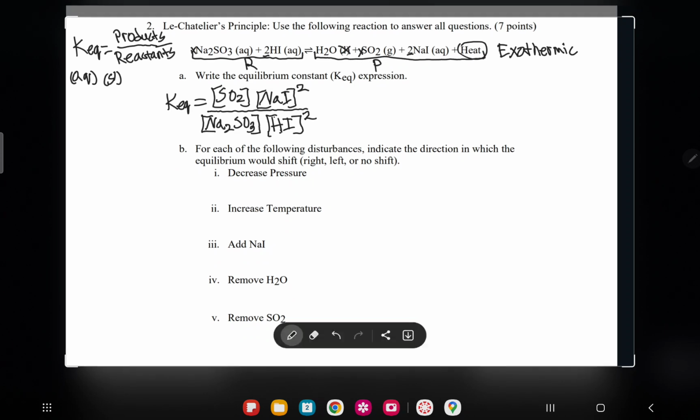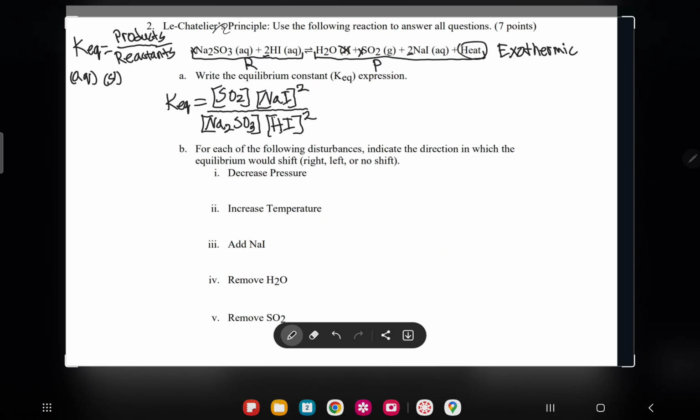Now moving down to the disturbances and shifts, we can see that because we're in an exothermic reaction and we're decreasing pressure, we're going to be going to the side with the most amount of moles.